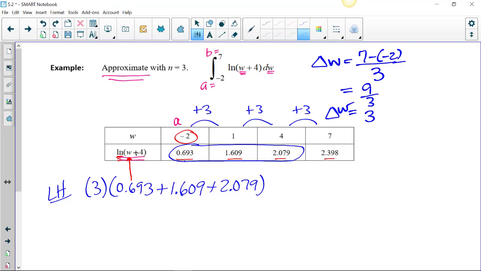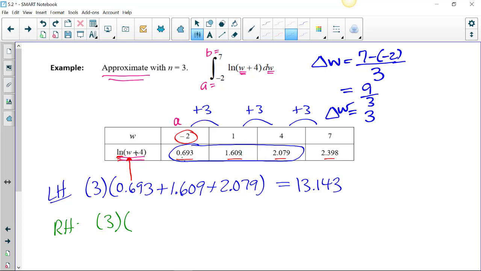All right, so we're going to add those, multiply by 3, and get a left sum of 13.143.